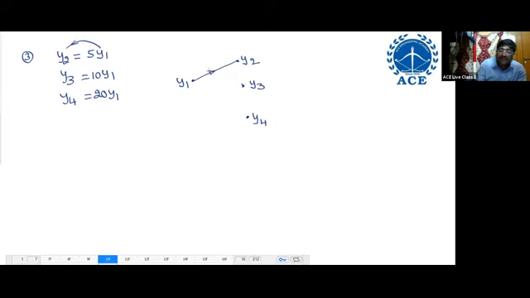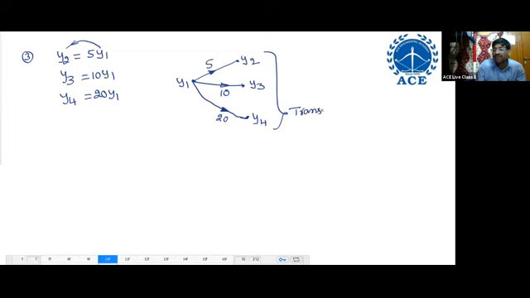Y2. What is the path gain? 5. The branch starts at Y1, ends at Y3. What is the path gain? 10. Next, start at Y1, end at where? Y4. What is the path gain? 20.